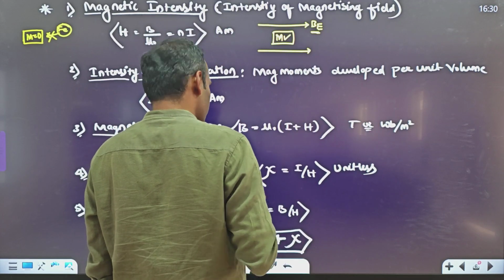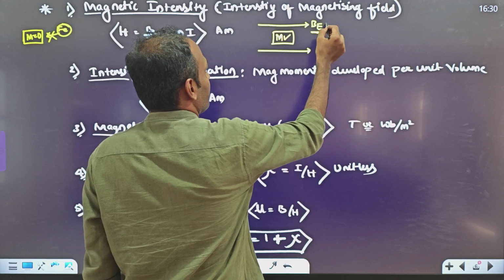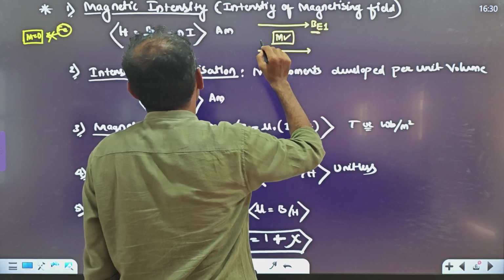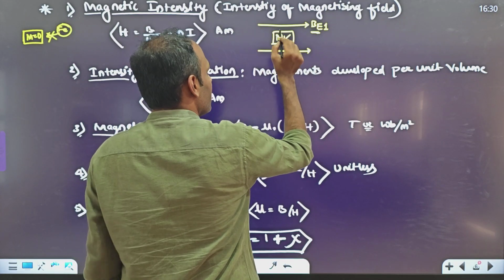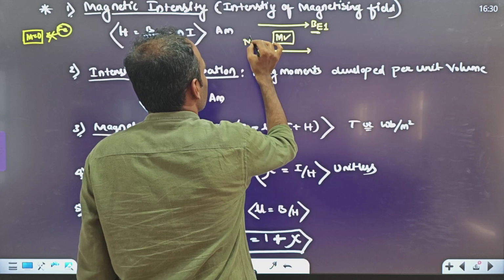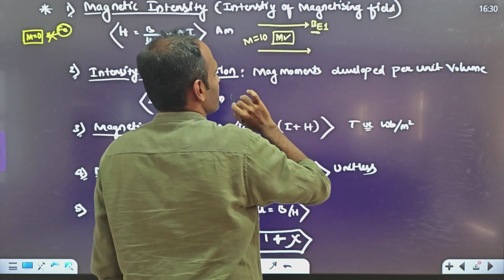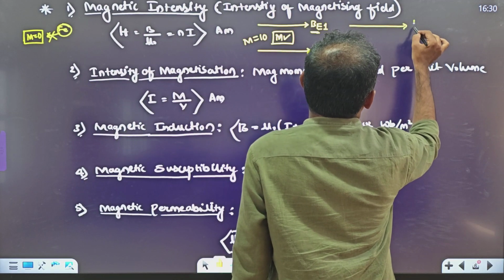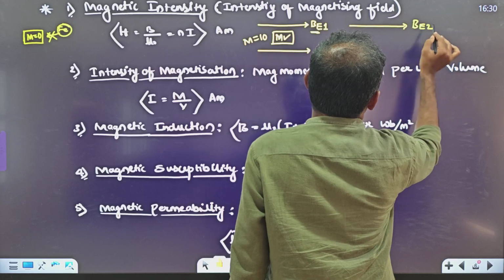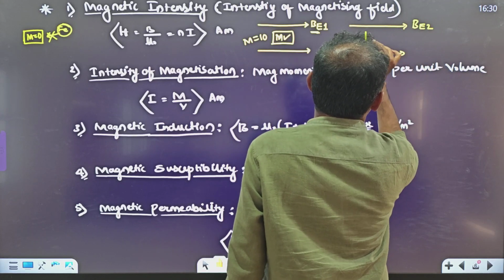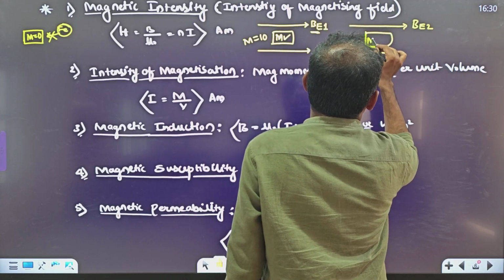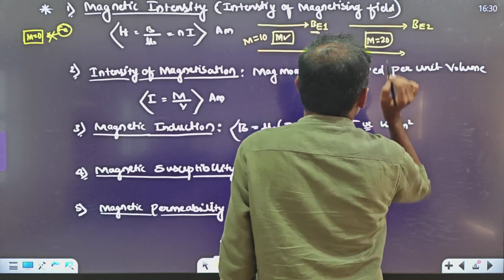Now see, for example, I write this field as B E1. When I keep that material in this field, let us say the magnetic moments developed inside it are 10 units. If I keep that same material in another field B E2, and let me say the magnetic moments developed in this are 20 units.